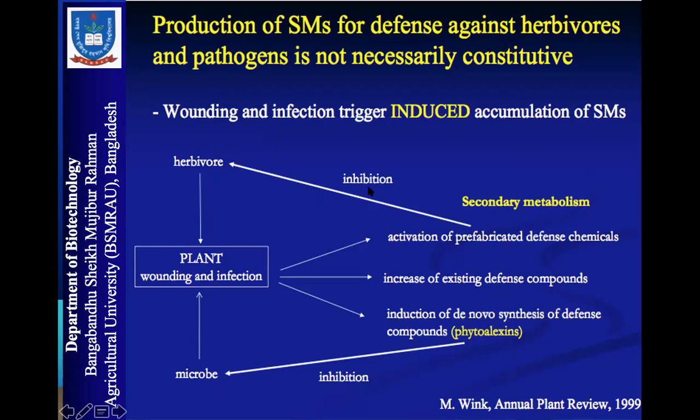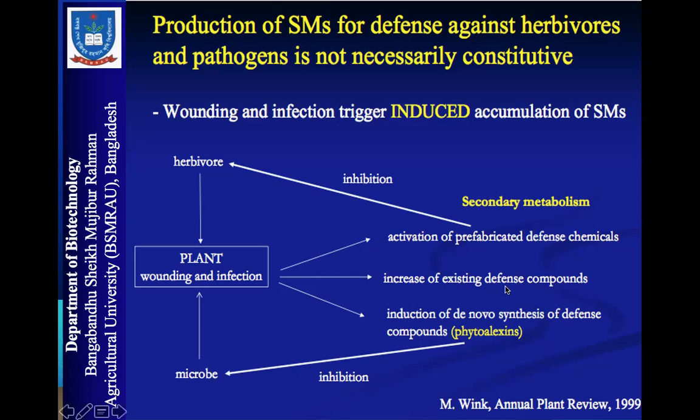For example, in case of herbivores, to stop the herbivore from eating the plant, there is activation of prefabricated defense chemicals. That means previously that compound was present but not in the toxin form. So that constitutive compound can be transformed into a very toxic compound to stop the eating by the herbivore.